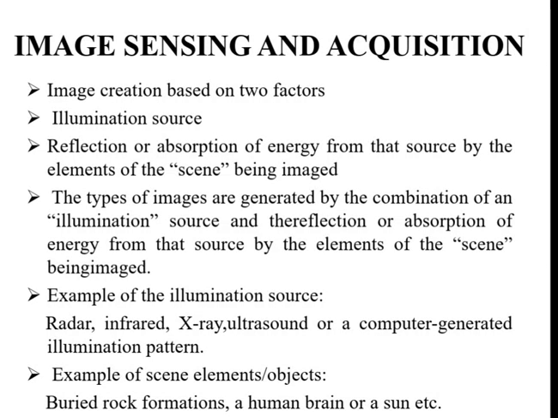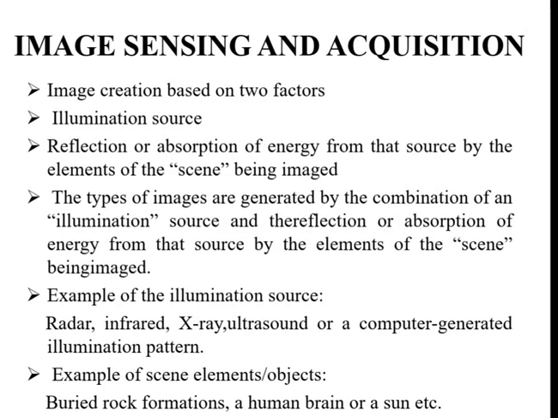Depending on the nature of the source, illumination energy is reflected from or transmitted through the object. An example in the first category is light reflected from a planar surface. An example in the second category is when X-rays pass through a patient's body for the purpose of generating a diagnostic X-ray film.